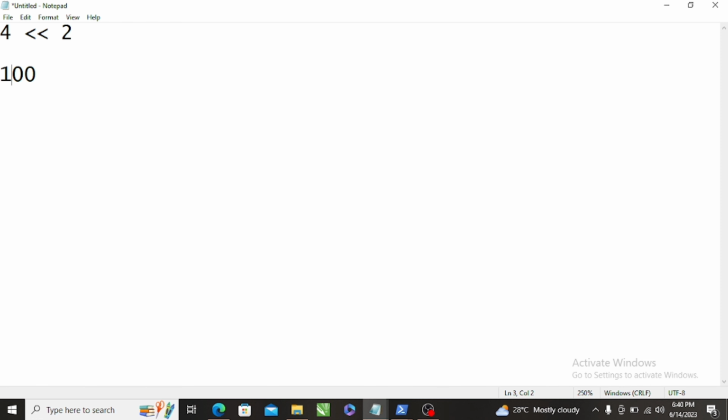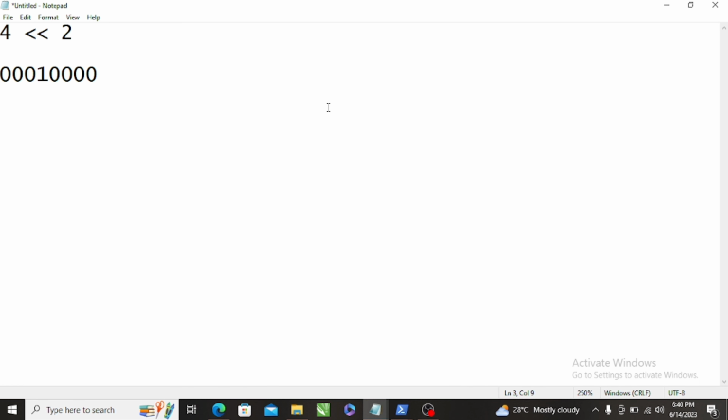We'll represent it in 8 places. If you say left shift 100, what we are telling it is to delete 2 here and put 2 zeros here.